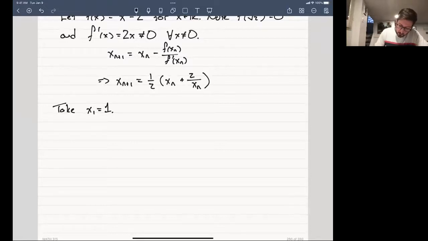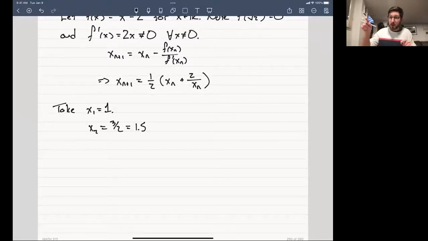Well, then if you want to undertake this procedure, you can just put x_1 into this sequence to get x_2. Then x_2 gives you 3 over 2, which is 1.5. Okay, so that's a lot better, right? If you think about what the square root of 2 is, it's like 1.414. So we're much closer.